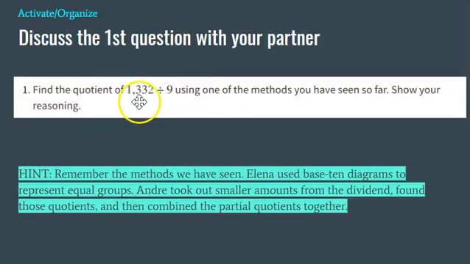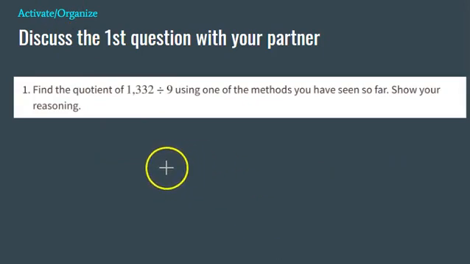All right, let's find the quotient. So find the quotient of 1,332 divided by 9. And you can use either the base 10 model to draw base 10 groups, or you can use how Andre did it. Okay, so if you had done it something like what Elena did, you're going to break these up into 9 equal groups. Okay, so first we need to take that 1,000.